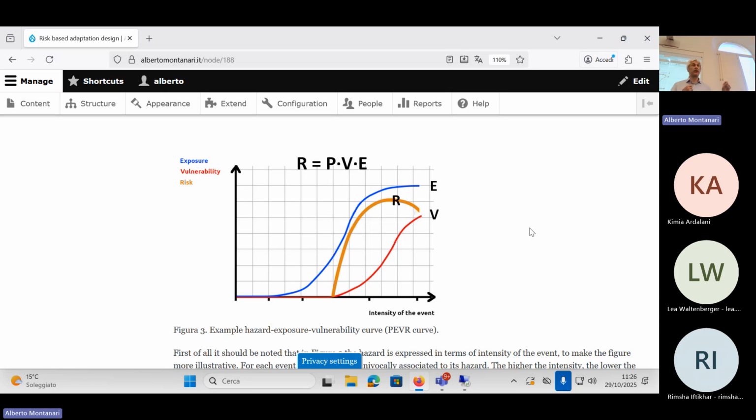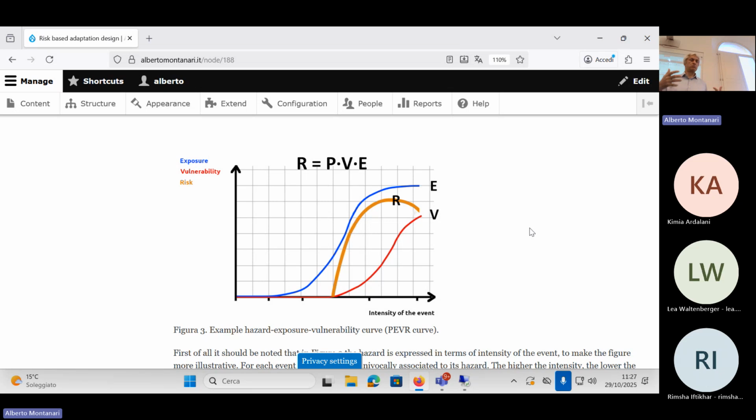There is a course called Actions on Structures and Infrastructures in a Changing Climate. This is specifically focusing on estimating probabilities, and in general forces, under climate change. We will give some anticipation, but what I want to emphasize now is that the probability here depends on climate change.